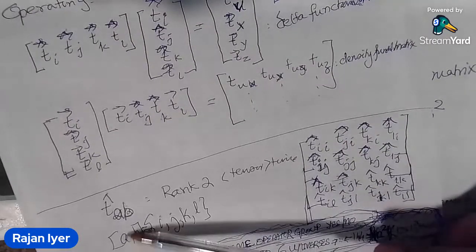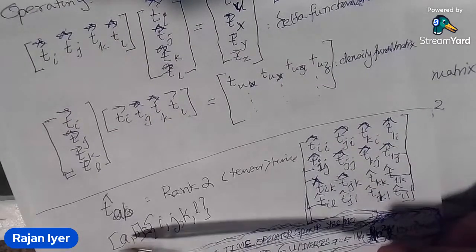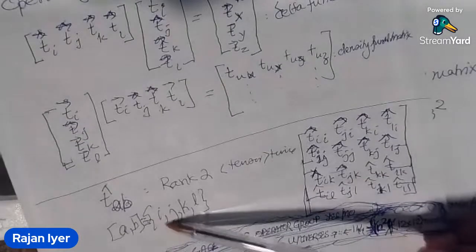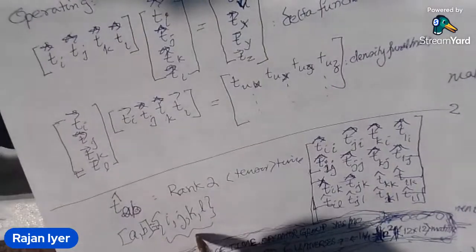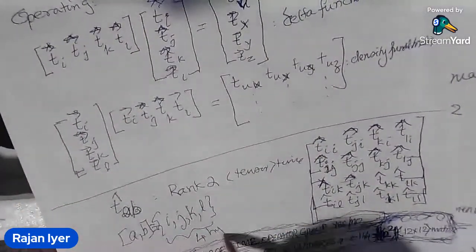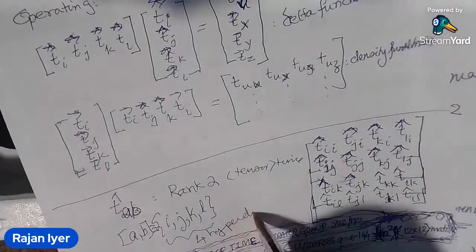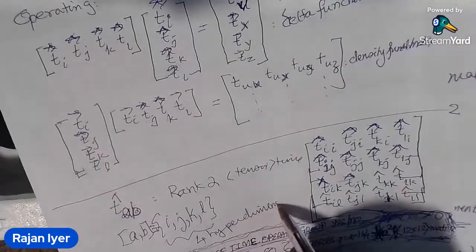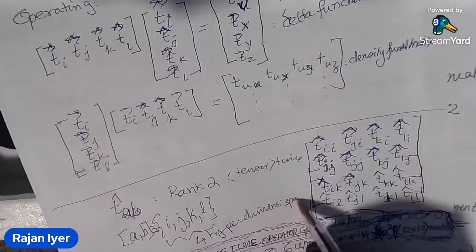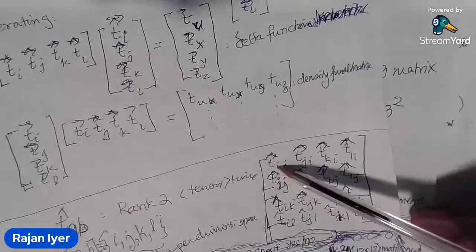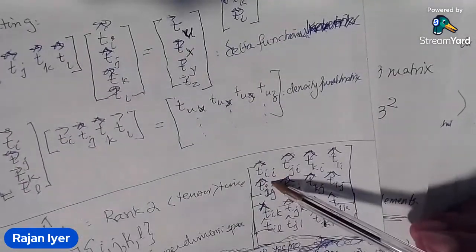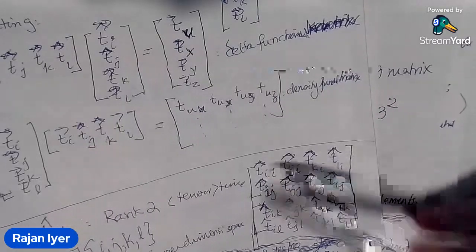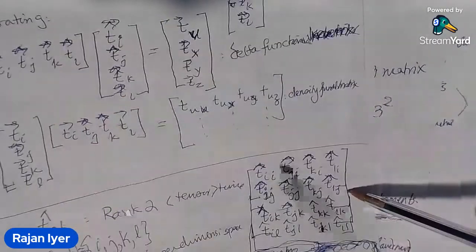So if I have subscripts A and B for the tensor, that will be a rank 2 tensor, and I have varying IJKL, which is the hyperdimension space. If I vary that, I get this matrix, which is II, and so on and so forth. We get a 4 by 4 matrix. This is what we come up with for the rank 2 tensor.